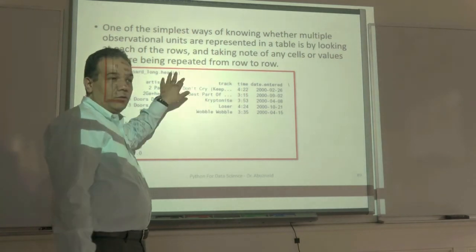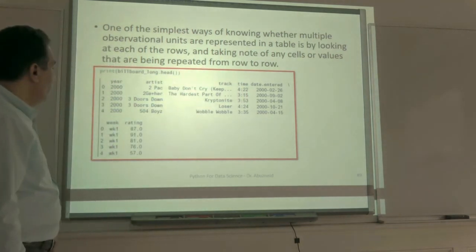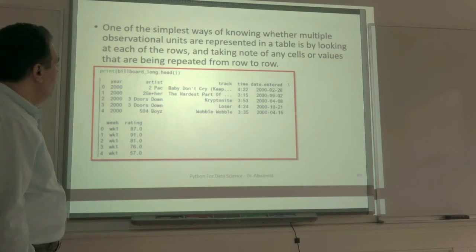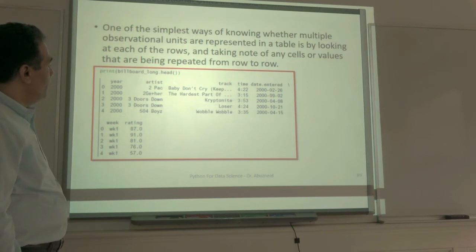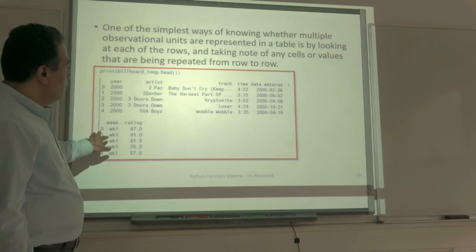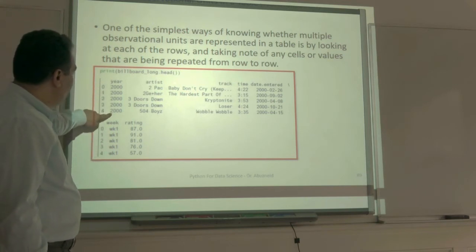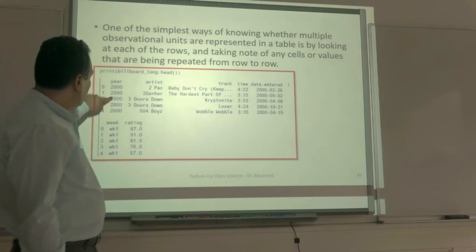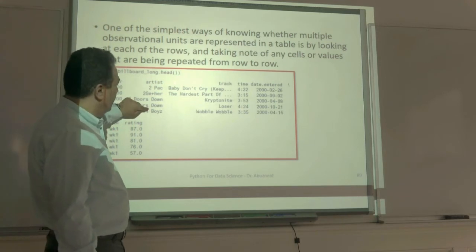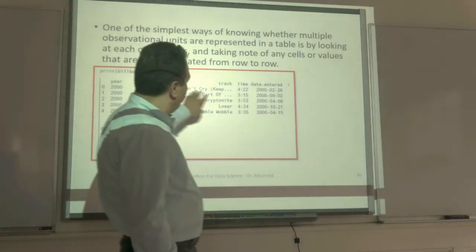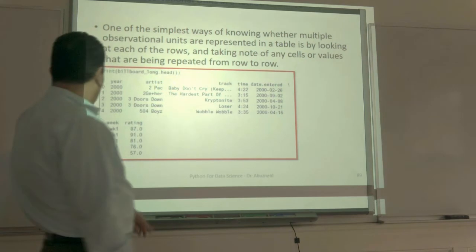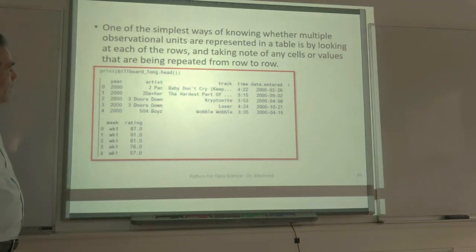Just take a look and see if there are things repeated row to row. So for example, in here, what is repeated? Look in here, year, the same. Then artist repeated. Then the time and date. So this clearly should be divided into two data frames.